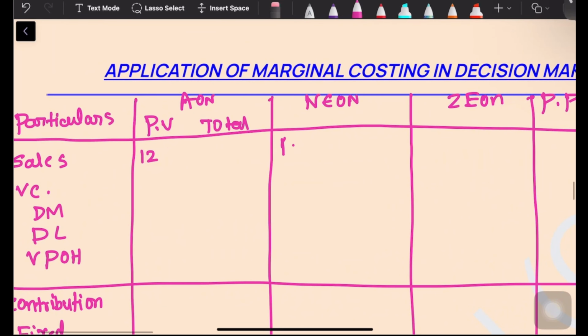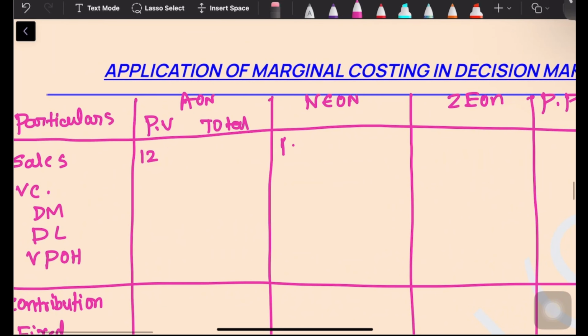Then 0.52 and 0.84. So total variable cost is 7.84. So what is the contribution per unit? 12 minus 7.84, 4.16 per unit. Now let's find out how many machine hours this requires.